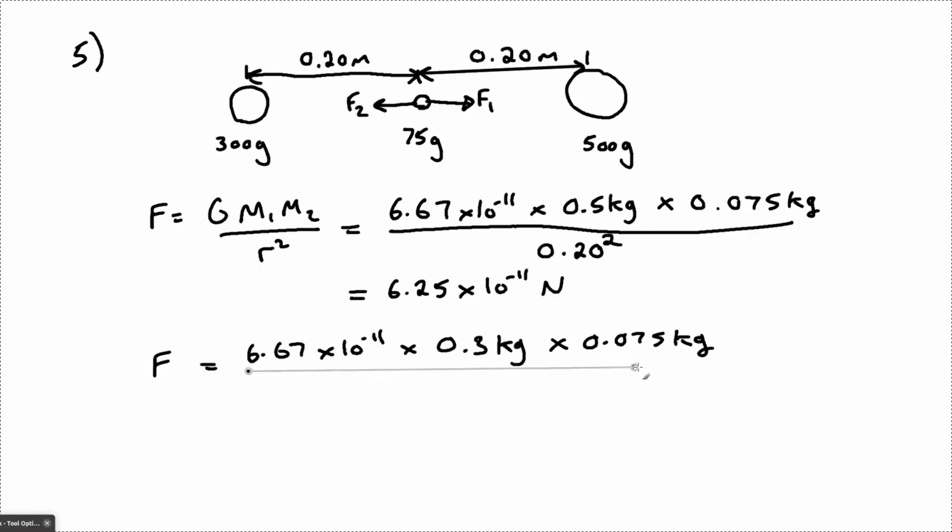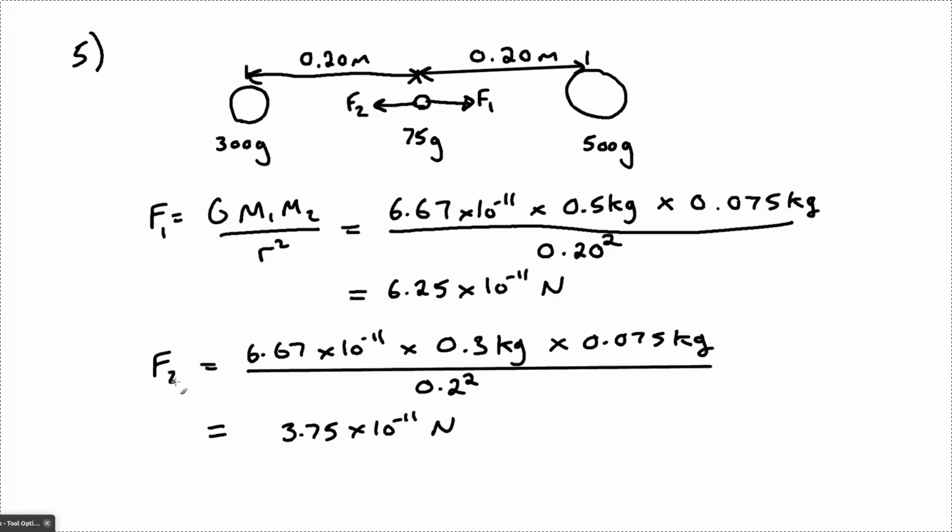Divide that. Again, they are 0.2 meters apart, and we will get 3.75 times 10 to the minus 11 newtons. So that would be there F1, that would be F2.